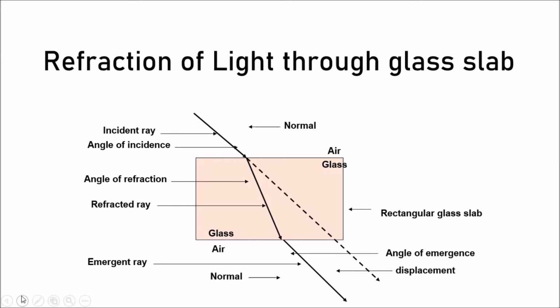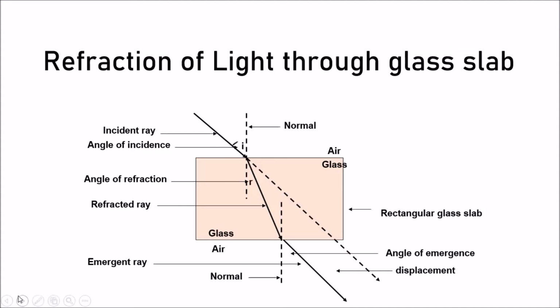Afterwards, again from glass to air interface it is bending, and we observe there is a displacement which is parallel to the original path. You can see this is normal 1, normal 2, and these are the remaining labels: angle of incidence and angle of refraction for the air to glass surface.